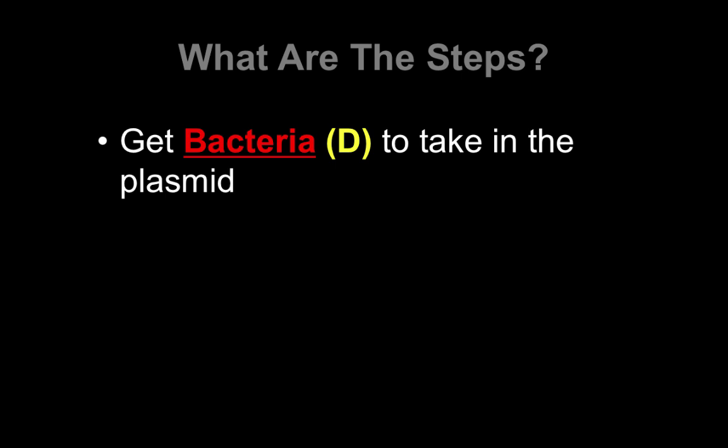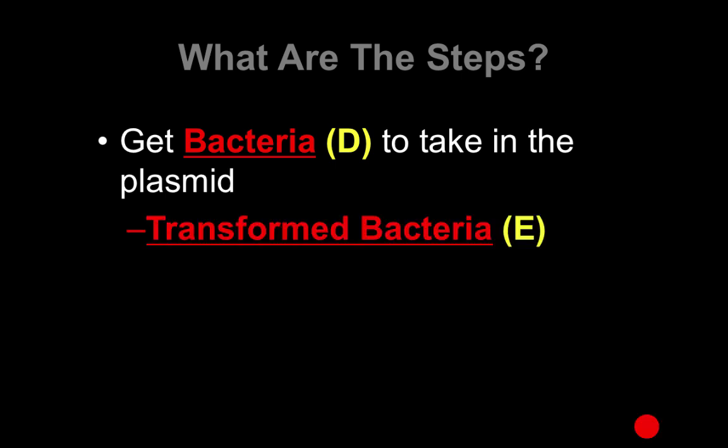So next up, I have this plasmid that's got a human gene in it, and I have to get it into a bacteria. A bacteria that has taken in this plasmid, we call a transformed bacteria. That's because we have transformed it into a unique organism that has never existed before on Earth.